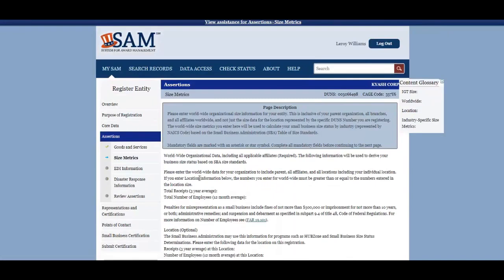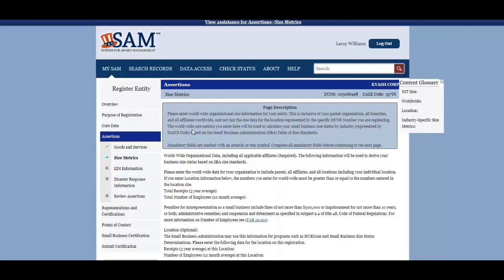Okay, now we're at size metrics. It says here, please enter the worldwide organizational size information for your entity. This is inclusive of your parent organization, all branches, and all affiliates worldwide, and not just the size data for the location represented by the specific DUNS number you are registering.